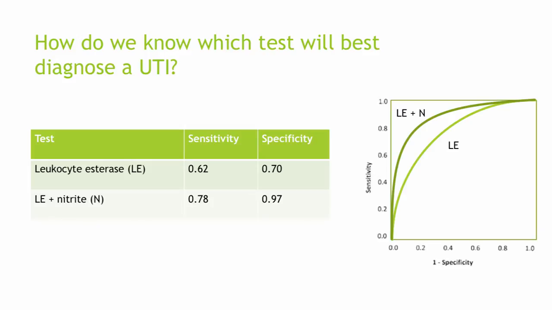The calculation that we just did on the previous slides included a positive leukocyte esterase and nitrite together, and their joint sensitivity is 0.78 and specificity is 0.97, which are both higher than using just leukocyte esterase alone. So you're more likely to accurately diagnose a urinary tract infection. Your ROC curve is further up and to the left relative to just using leukocyte esterase.